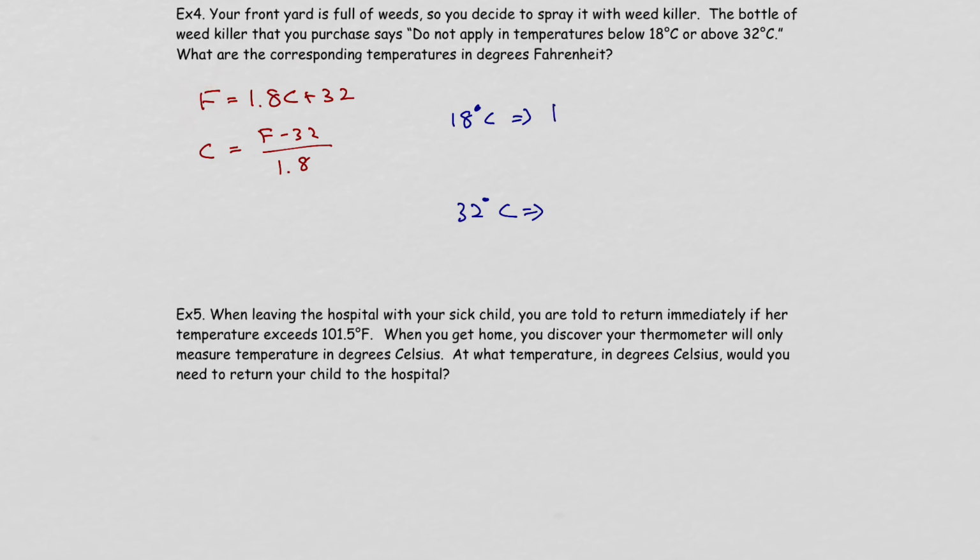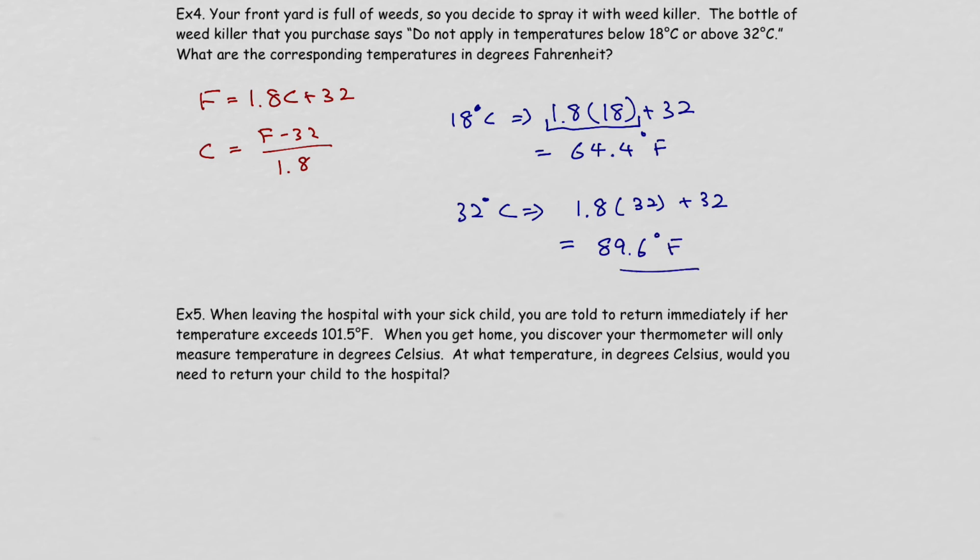Then we have 1.8 times 18 plus 32. You do the multiplication first and then add. You end up getting 64.4 degrees Fahrenheit. What about 32 degrees Celsius? You do the same thing, just replace it into the C place. That gives you 89.6 degrees Fahrenheit. So that's how you change from Celsius to Fahrenheit.